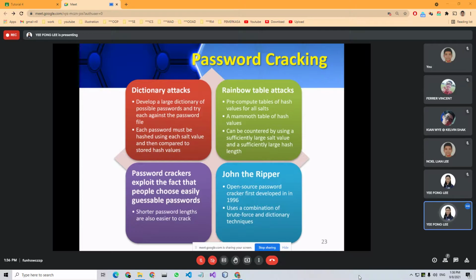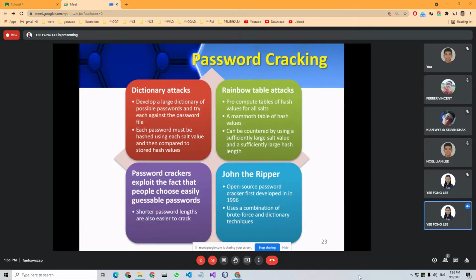This means each password must be hashed using the salt value in the password file and then compared to the stored hash value. If no match is found, then the cracking program will try different variations from the dictionary.